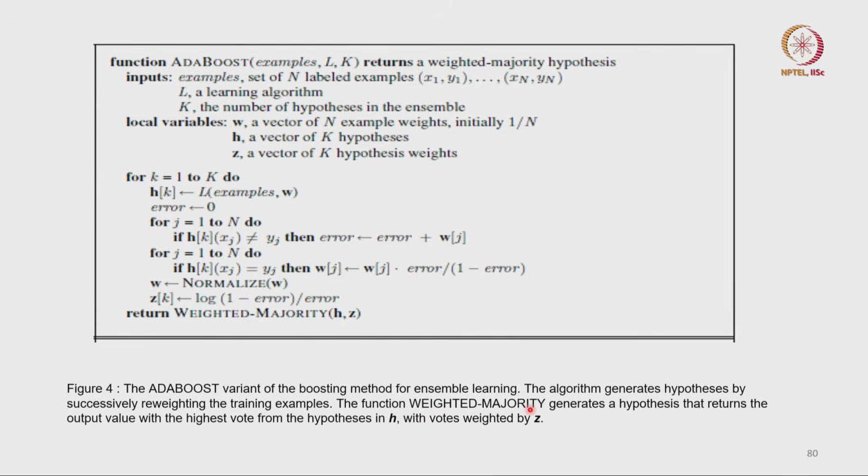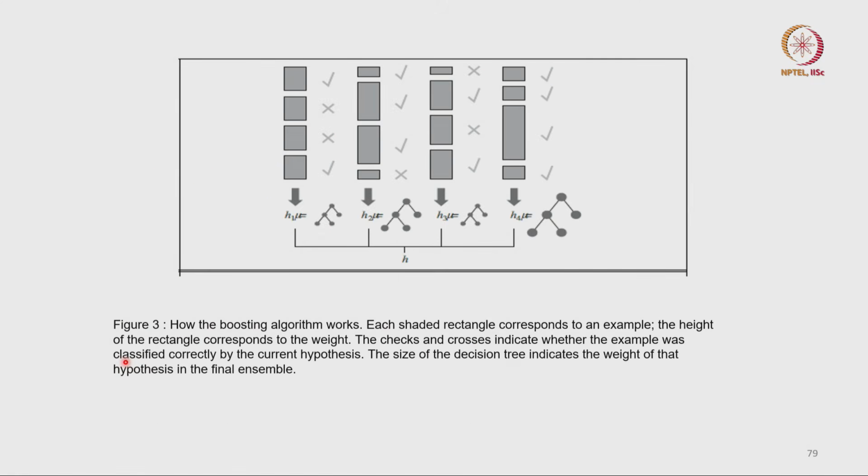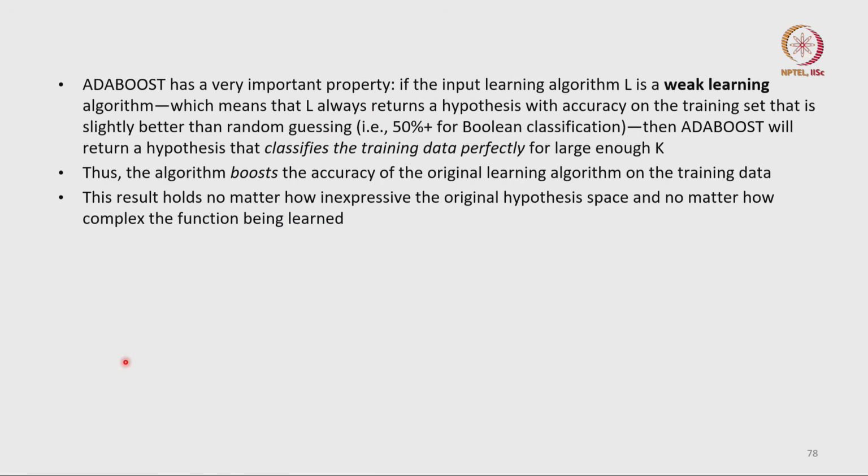The function weighted majority generates a hypothesis that returns the output value with the highest vote from the hypotheses in H, with votes weighted by Z. That is the basic idea in AdaBoost.